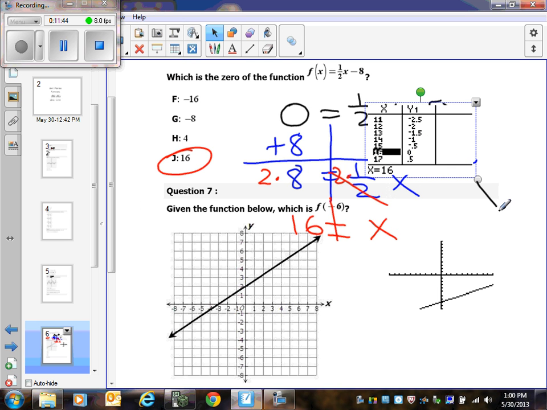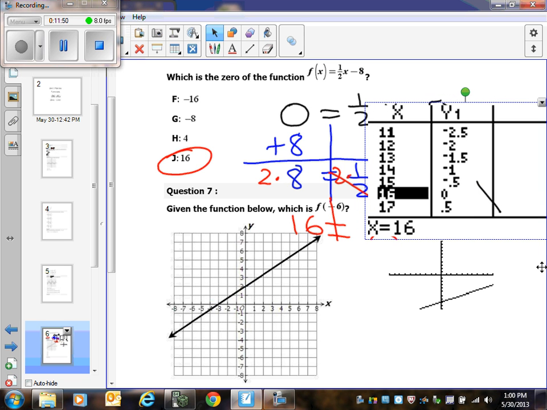So this is another option here. Alright. So another way you could do a zero question is go to your table and see which x coordinate gives us a y coordinate of 0. So this is why x is 16, or you could do it based on a visual. All right, now let's look at question 7.